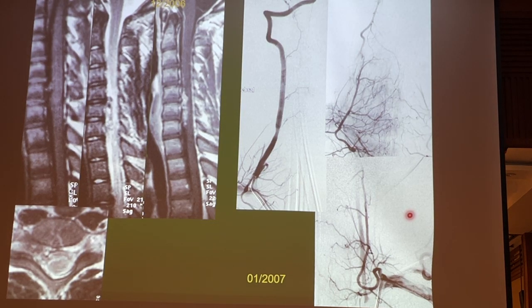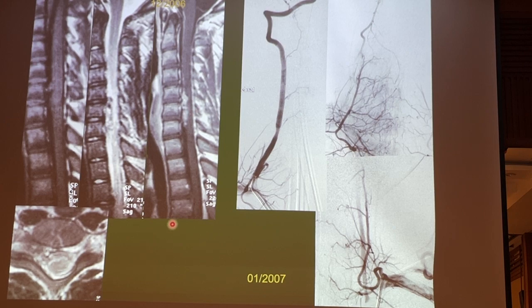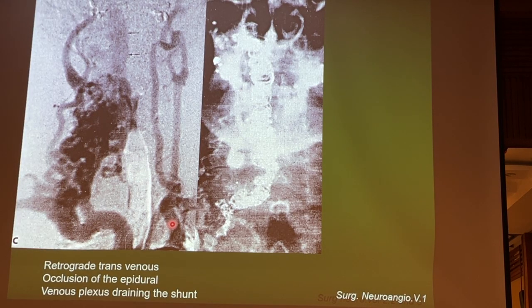This is a few months follow-up angiogram where we see no more shunt and the collapse of the venous pouch that used to compress the cord. In many situations, you may need to go transvenous, and this is not an easy procedure because each level of the venous pouch needs to be packed and checked to control whether the shunt is still there.